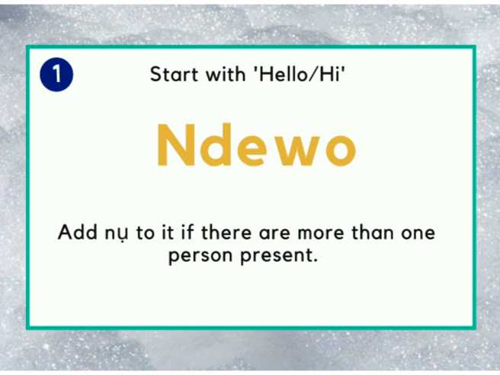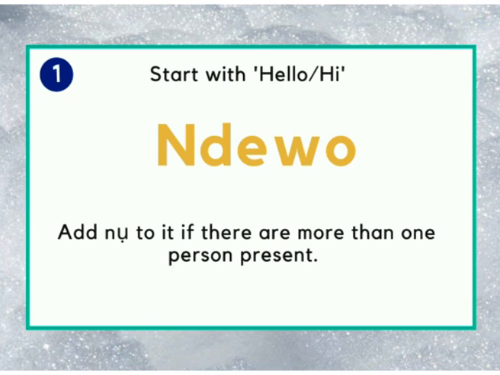It all begins with a hello or a hi, and that is ndewo. Ndewo is hello. Ndewo is hi in Igbo language, but ndewo is really a multi-purpose word in Igbo language. A one word fits all situation of greetings.